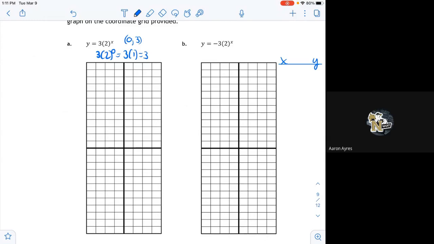So if you need help with getting checks for your values and stuff like that, that's perfectly fine. We'll try to get 4 values for each one, okay, 4 ordered pairs. All right?